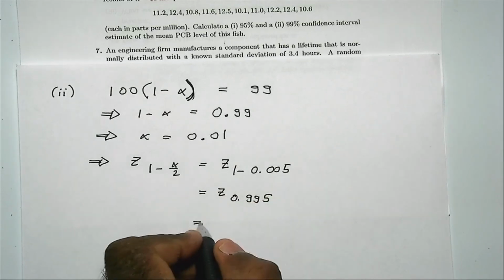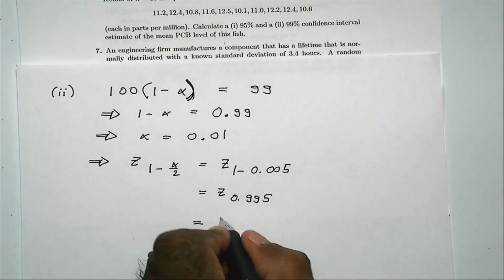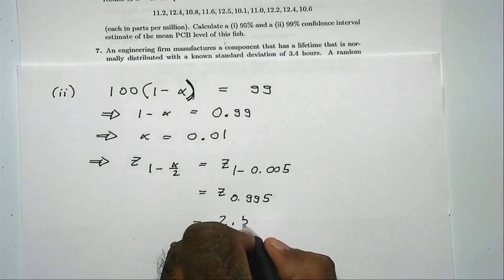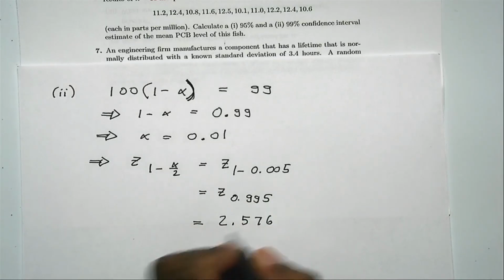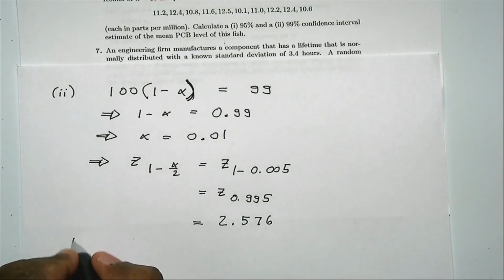If you read this off the table, you will get 2.576.